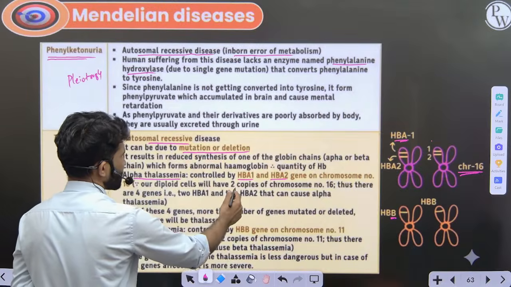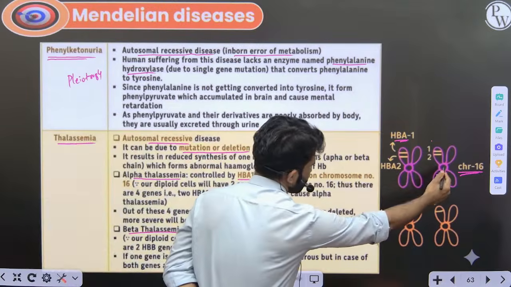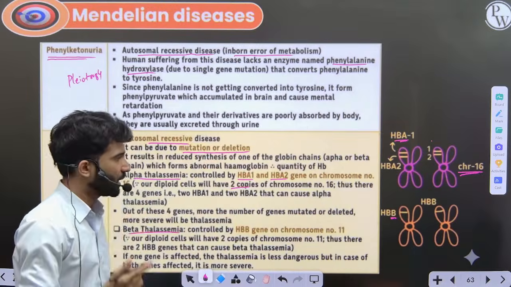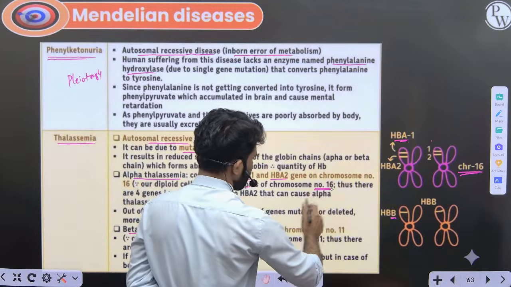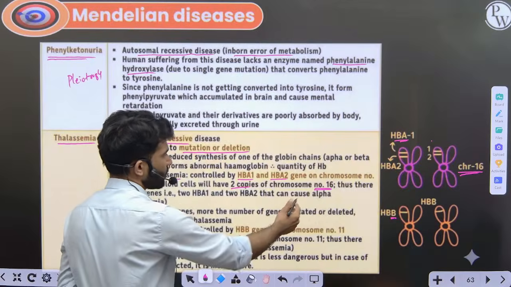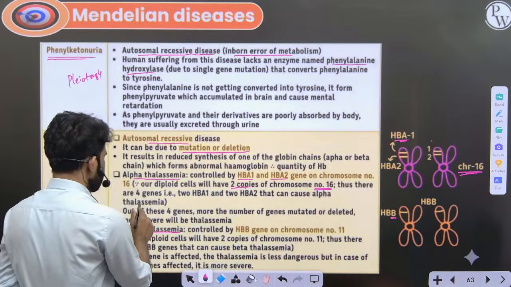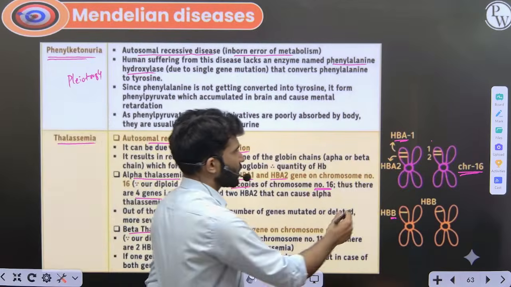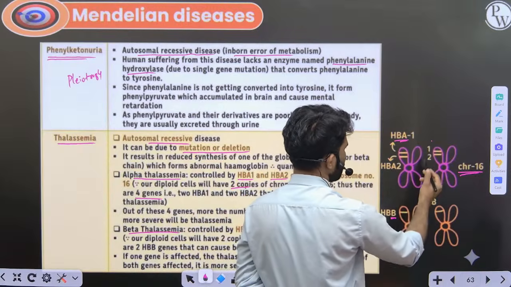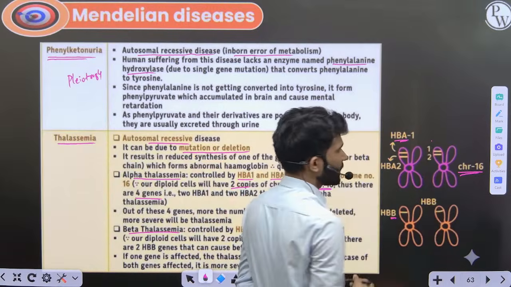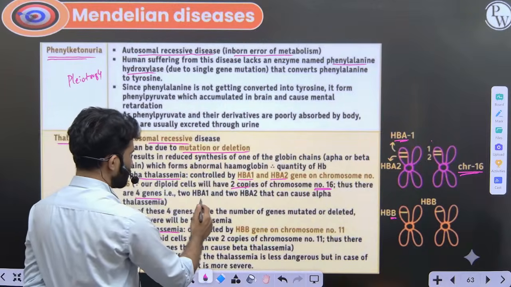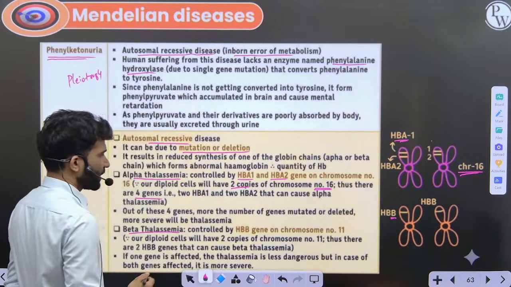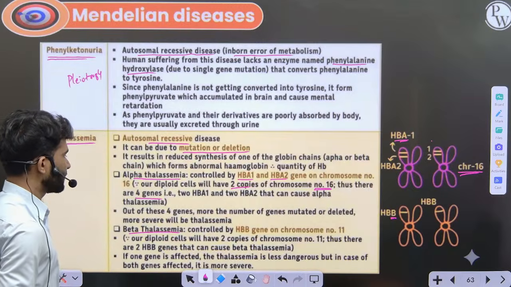Our diploid cells have two copies, so both chromosomes have HBA1 and HBA2. So how many genes are there? On one chromosome HBA1, HBA2; on another chromosome HBA1, HBA2. There are four genes, two HBA1 and two HBA2, that can cause alpha thalassemia.